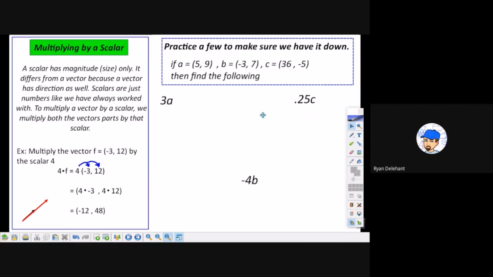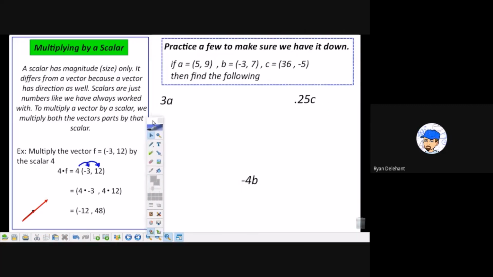I want to practice the actual parts of this. Let's do a couple of these together because I think this is pretty straightforward. Let's see what we get. So I want to do 3a. I want to make the vector a's magnitude 3 times larger while preserving its direction. So mathematically, I would do 3 times the vector 5, 9.